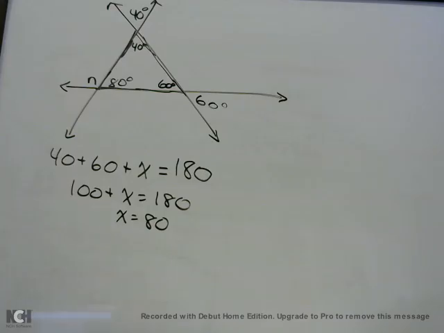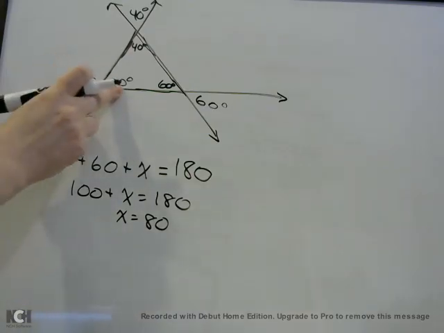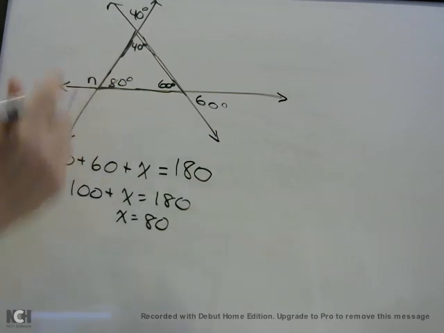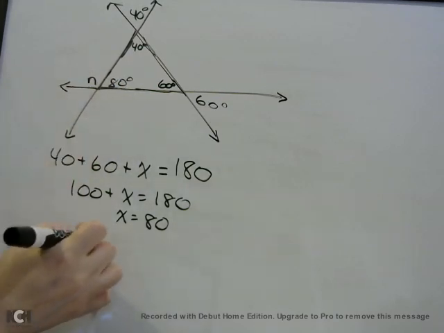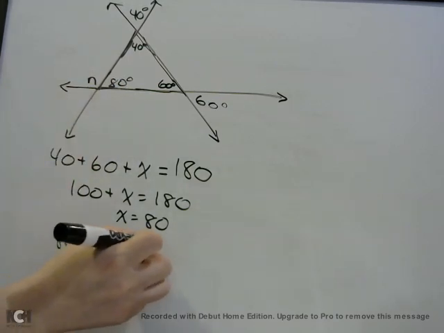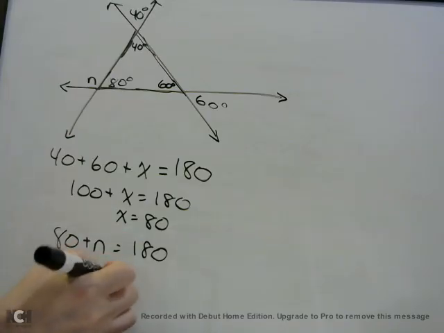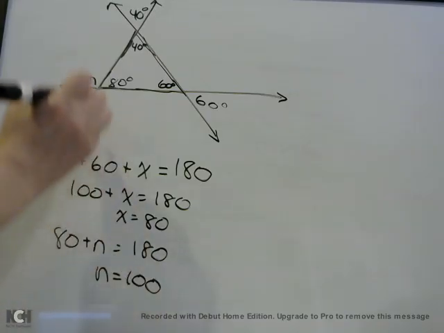Now we need to know one more concept about supplementary angles. Again, watch the video on geometry terms, but we know that the angles along a line have to sum to 180 degrees. So we know if this is 80, 80 plus n has to equal 180. So n equals 100.